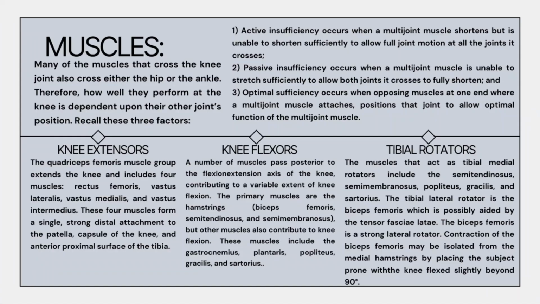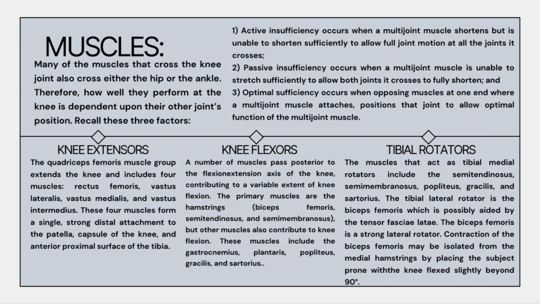Muscles. Many of the muscles that cross the knee joint also cross either the hip or the ankle. Therefore, how well they perform at the knee is dependent upon their other joints' position. Recall these three factors. Number one, active insufficiency occurs when a multi-joint muscle shortens but is unable to shorten sufficiently to allow full joint motion at all the joints it crosses.